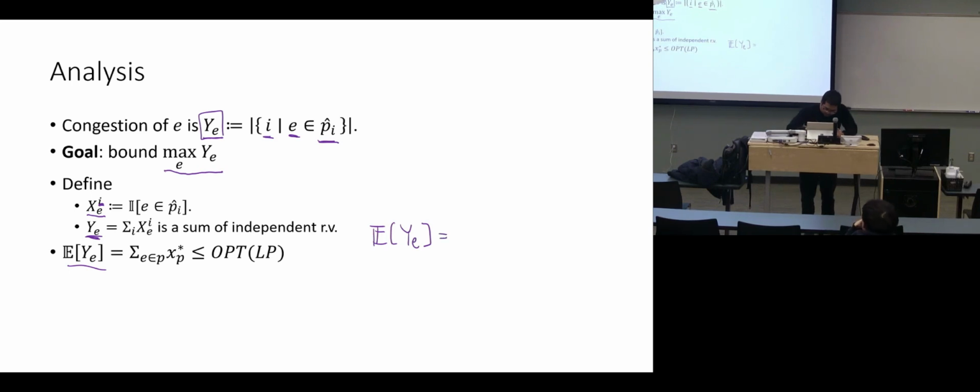It's the sum over all i of the expectation of the indicator whether e is in this path or not.